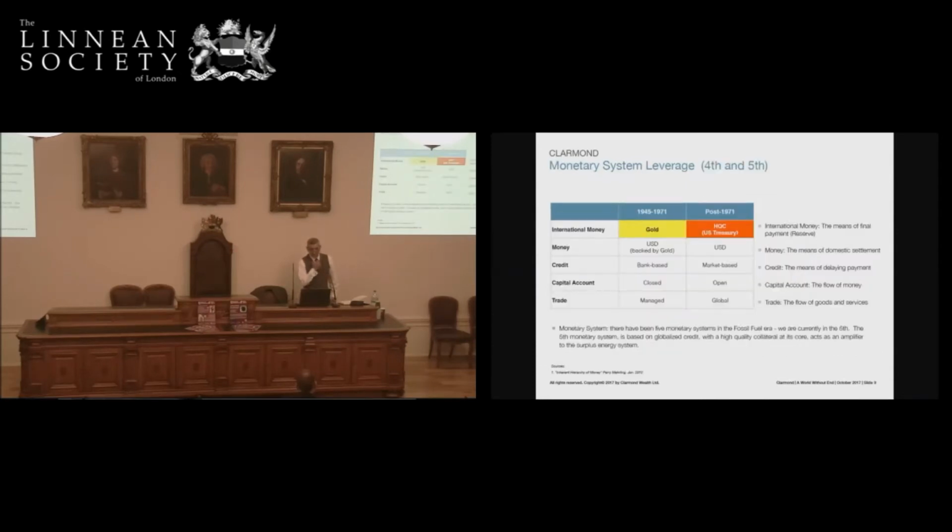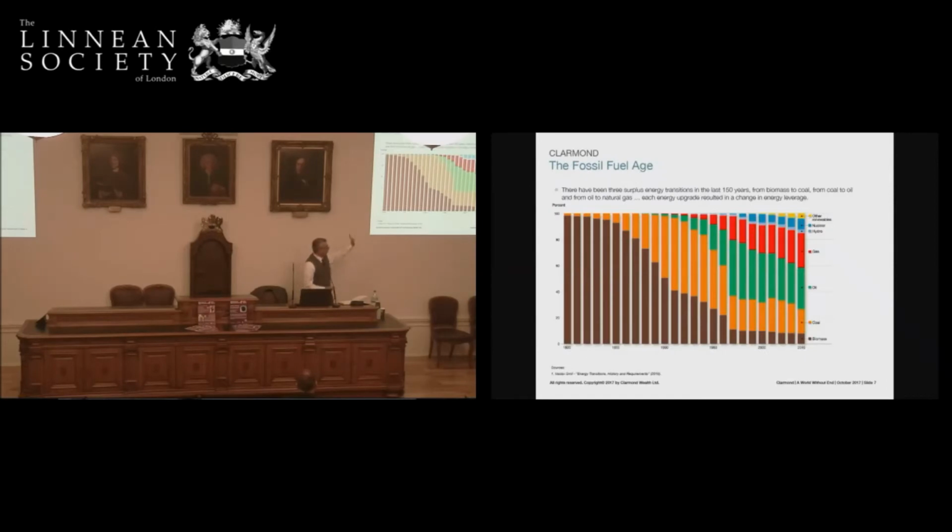And so what is the monetary system? If I just go back, in the last 150 years, we have three core energy systems. We go from biomass to coal, coal to oil, and we're transitioning now to more and more natural gas. The renewables portion of it is growing, but we're still transitioning into the third fossil fuel system, which is natural gas.